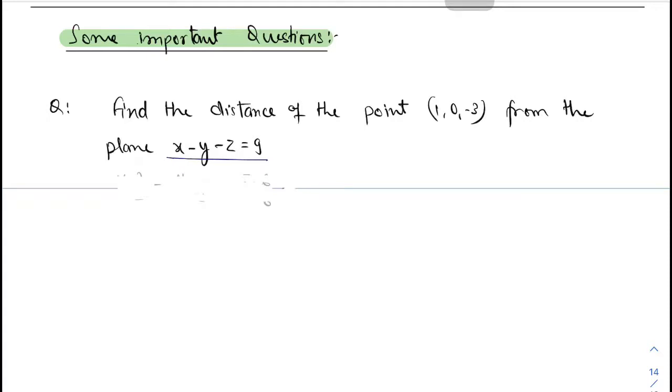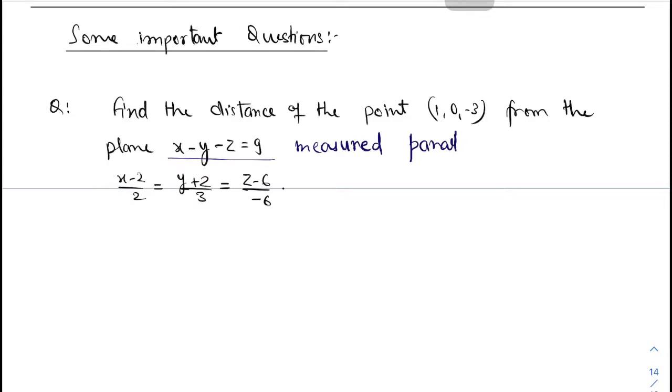But in this question, we have to measure this distance parallel to the given line. So we have to calculate this distance by going parallel with this line.